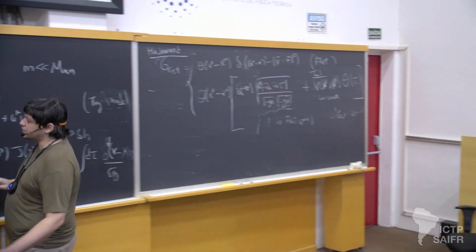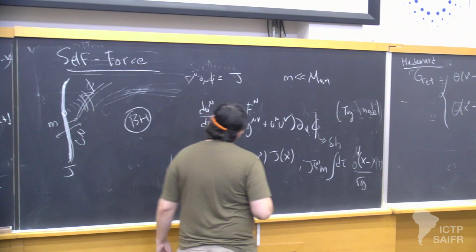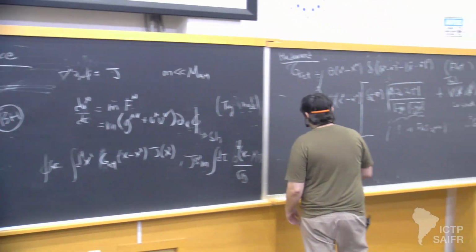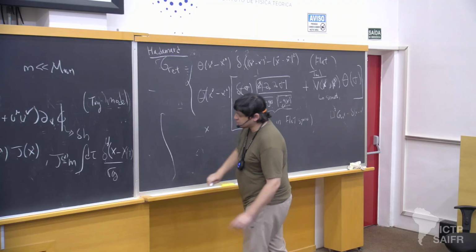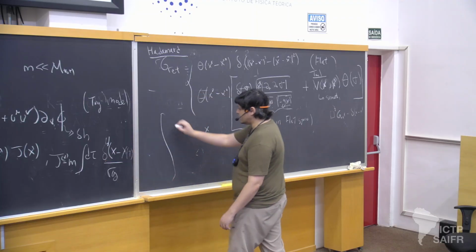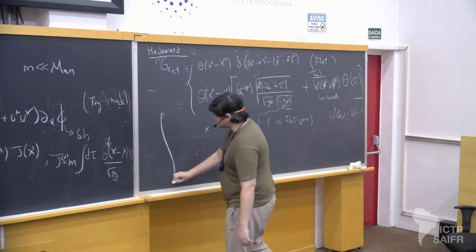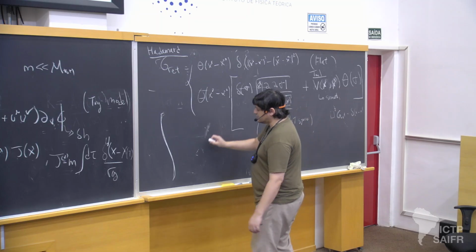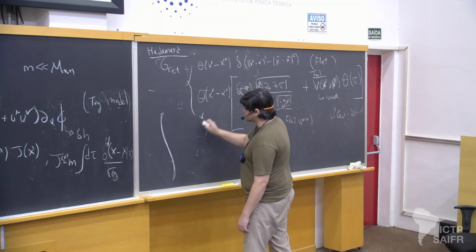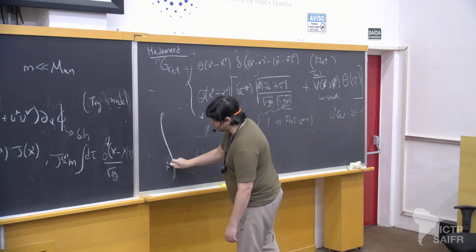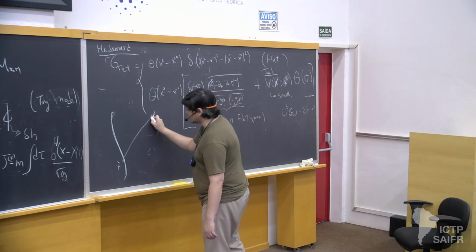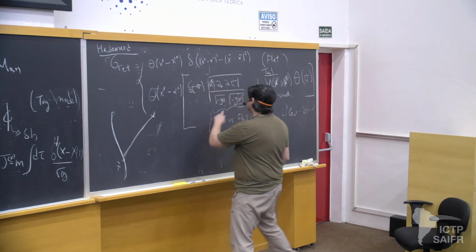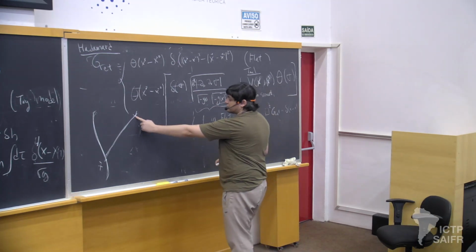And the story for the world line is very similar, right? So now we're looking at a point X here, and we have a source supported on the world line, right? And so what we're saying is that there is an observation point X, and there is a point on the world line X prime. And what we're looking at is the null geodesic that goes from X to X prime.